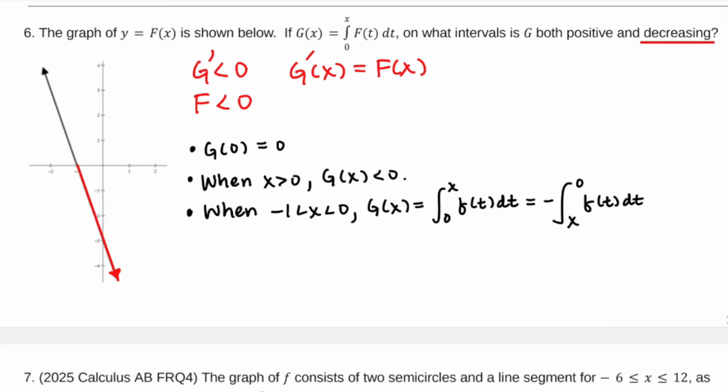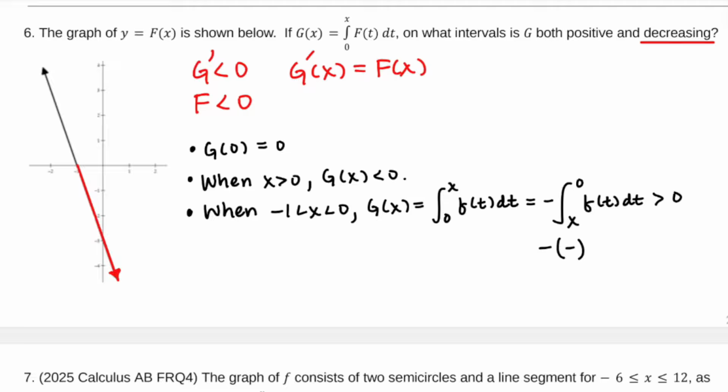Okay. That is going to be the negative of a negative number, which is going to be greater than 0. If I think about integrating backwards on a negative region, if you're good with that. But that means that g is going to be positive from -1 to 0.